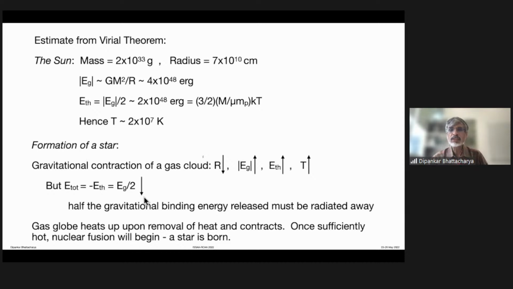So Eg plus E thermal is not constant. The total energy is reducing, which means it's getting more and more negative. That means for this gas cloud to keep contracting, energy must be released from the cloud to the surroundings. And exactly half the gravitational binding energy released must be radiated away.